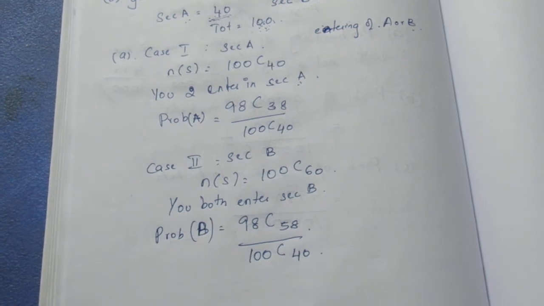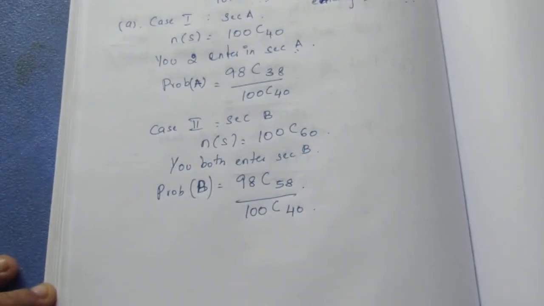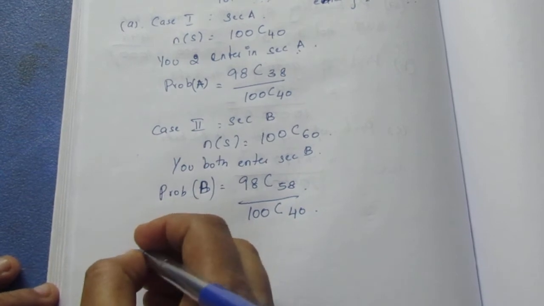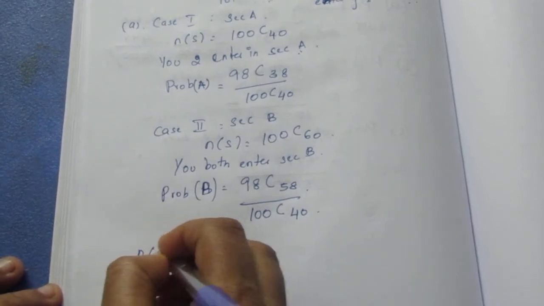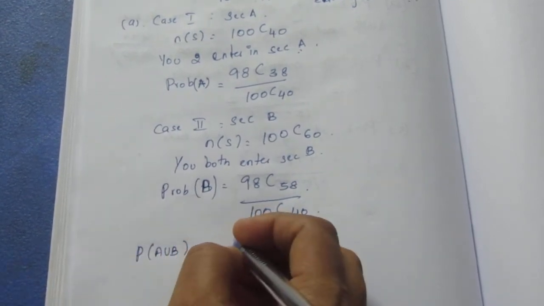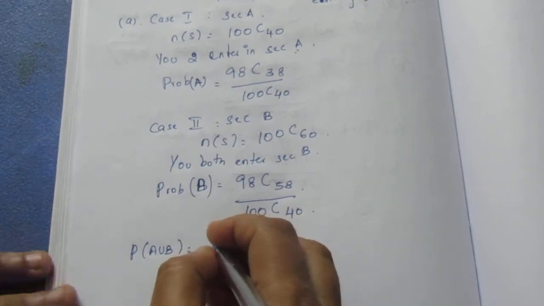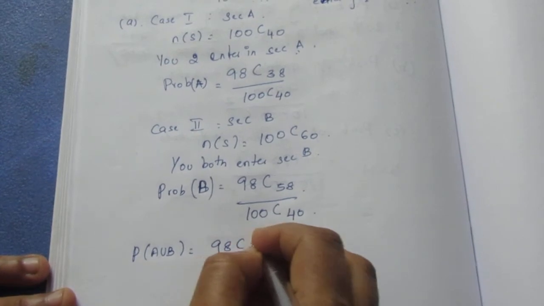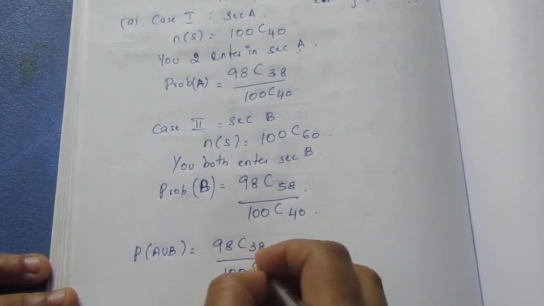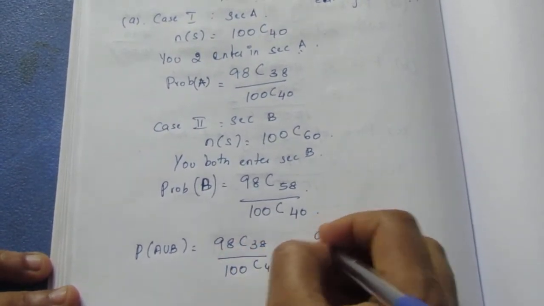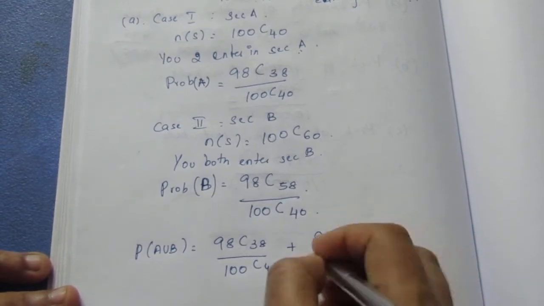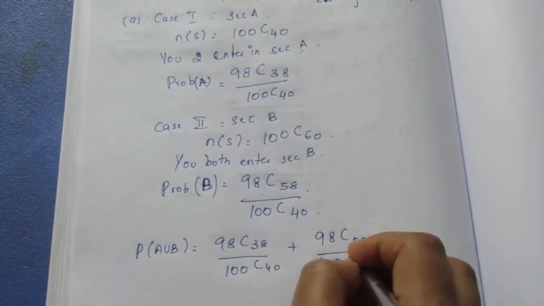Now they have asked either, which means this or this, so it's a union. So P of A union B equals 98C38 by 100C40 plus 98C58 by 100C40.